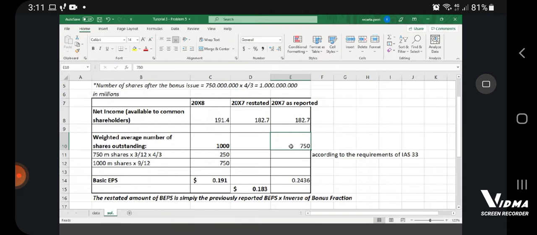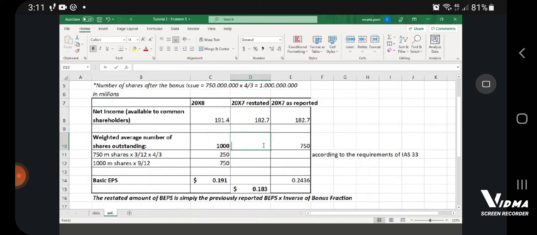This is the amount that I declared by the end of 2017 when I didn't know that I would issue a bonus in 2018. Now that I know that, at the end of 2018, I know that I issued the bonus, and I know that IAS 33 requires me to take this back to the earliest period reported.